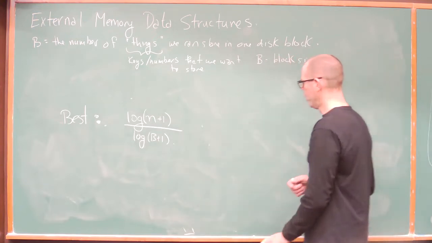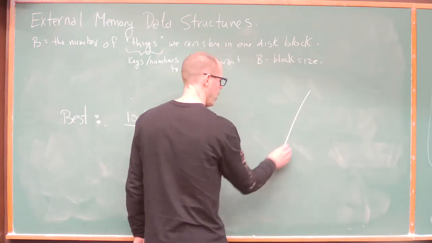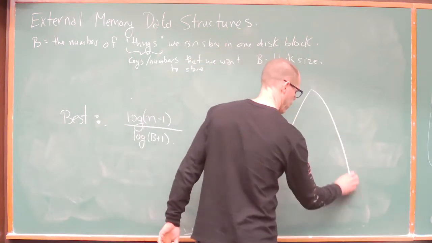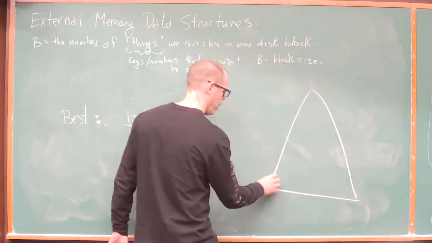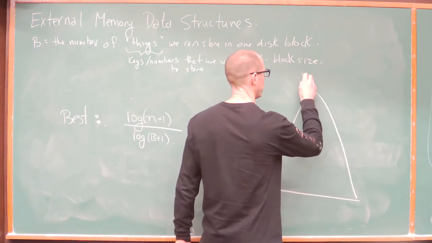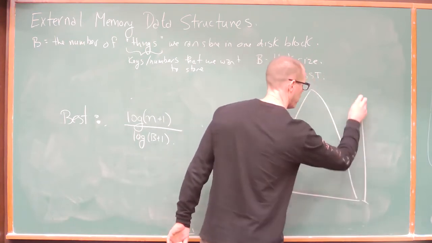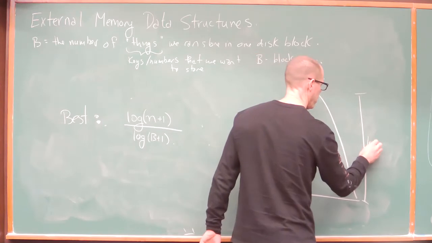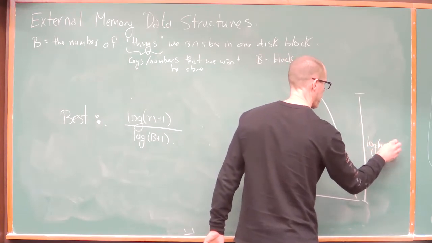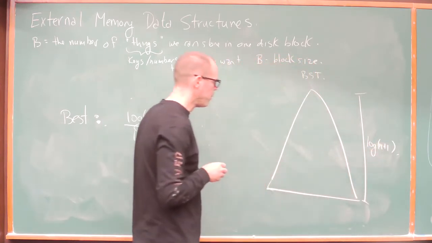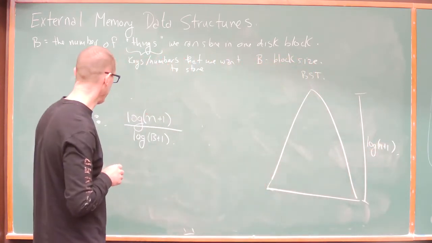All right. So if we go back to our abstract picture of a binary search tree, the height here is something like log of n plus 1.